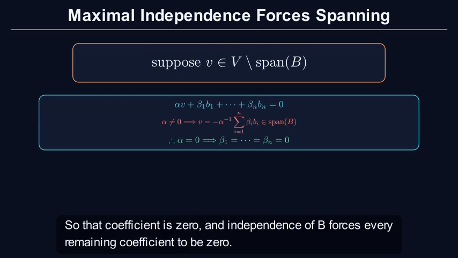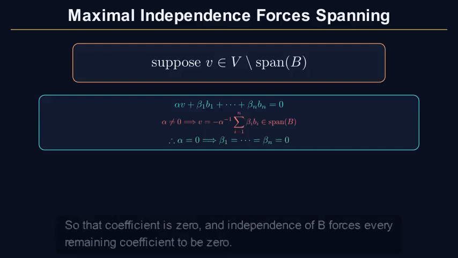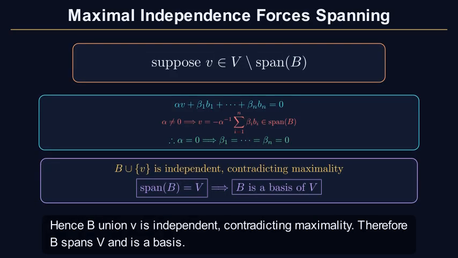So that coefficient is 0, and independence of B forces every remaining coefficient to be 0. Hence B union v is independent, contradicting maximality. Therefore B spans V and is a basis.